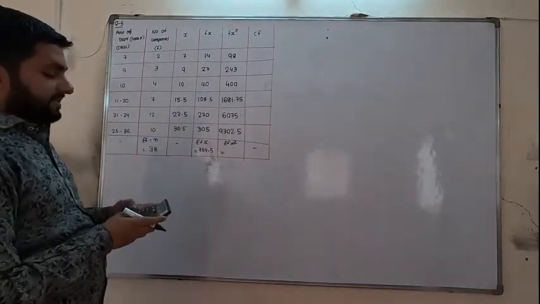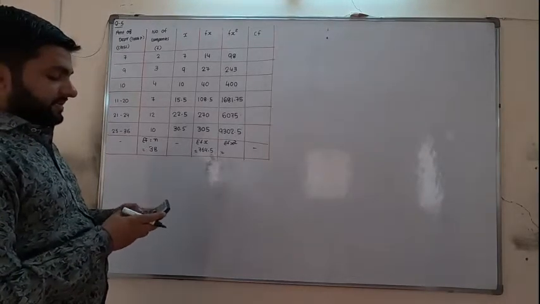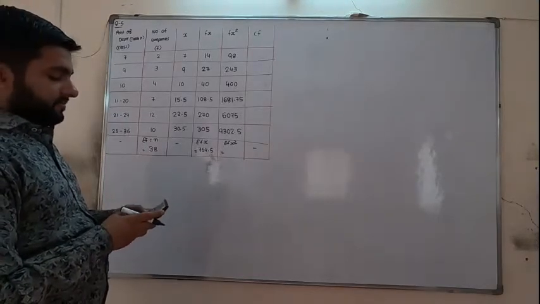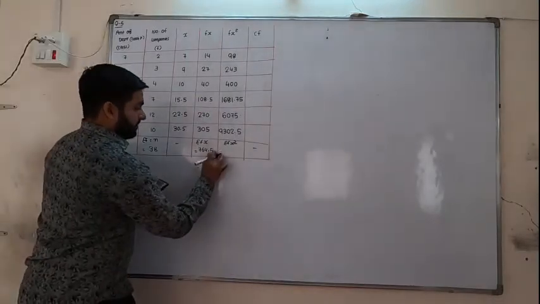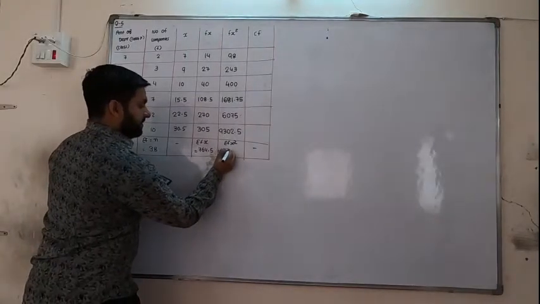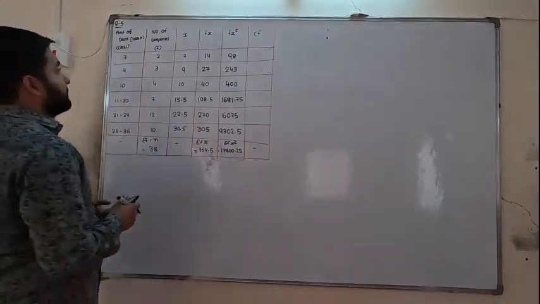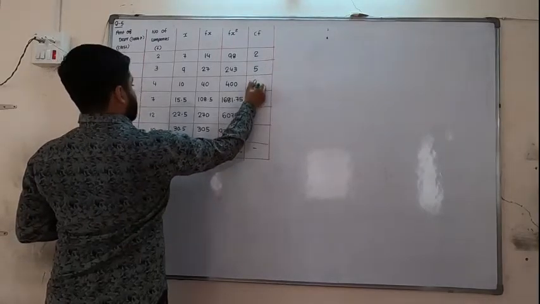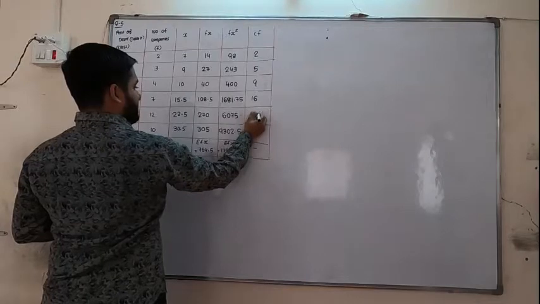Okay. 98, 243, 400, 1681.75, 6075, 9302.5. Total 17,800.25. Now CF. 2 plus 3 is 5, plus 4 is 9, plus 7 is 16, plus 12 is 28, plus 10 is 38.